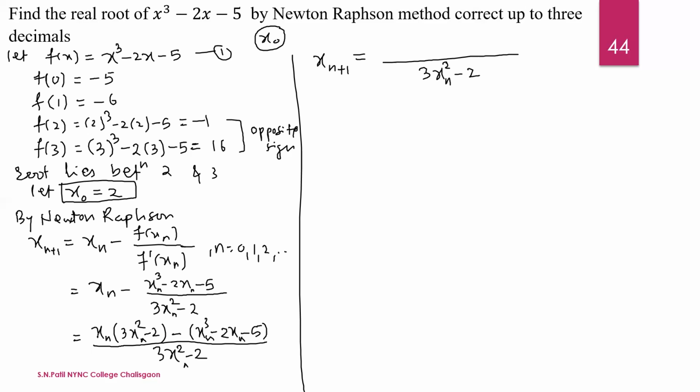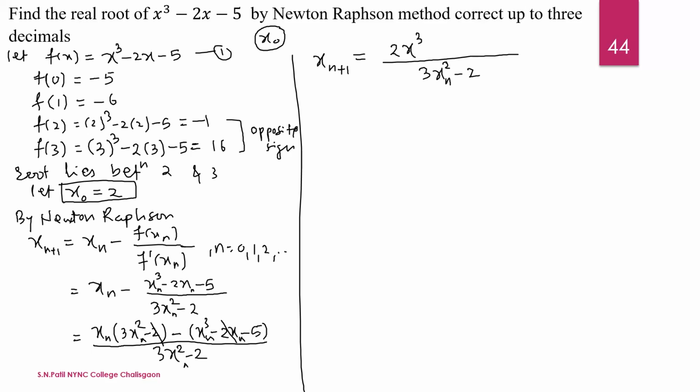Now x multiplied by 3x square is 3 times x cube, and this x cube, minus 1, that is 2 times x cube. Now minus x is multiplied to the minus 2, that is minus 2x, and this minus sign is multiplied to the 2x, so minus 2x plus 2x cancel.